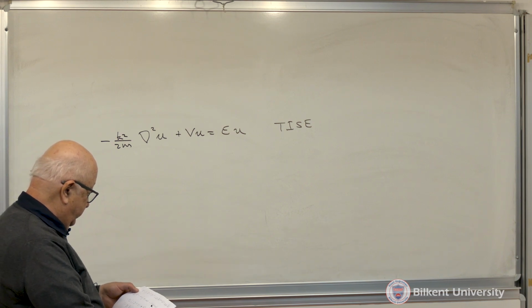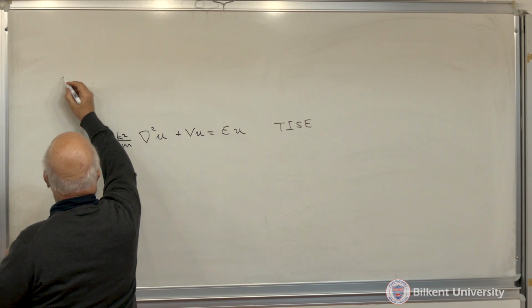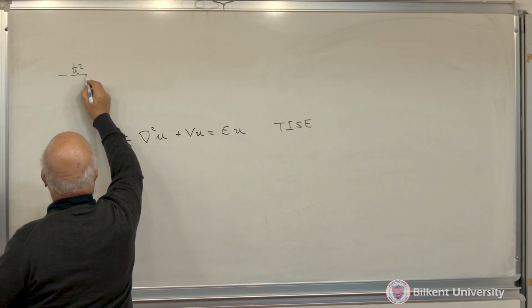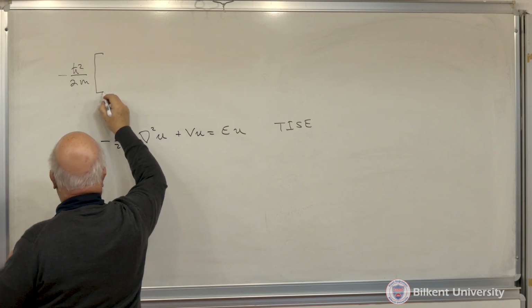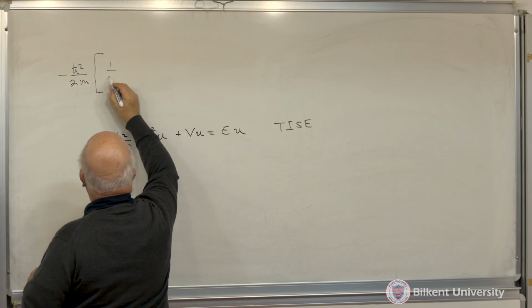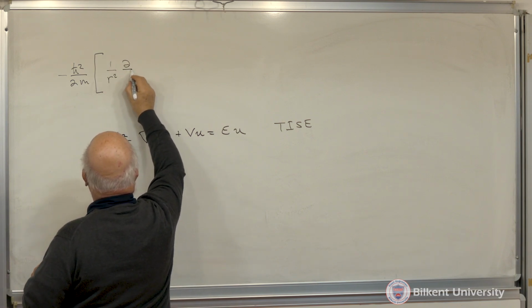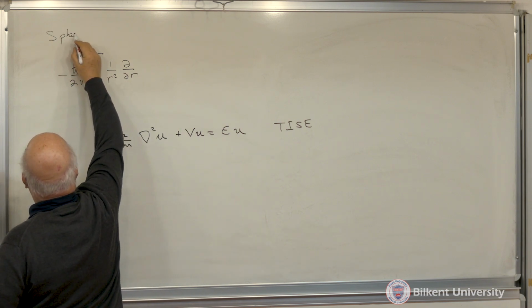All right, so I have minus h bar squared over 2m, del squared operator. And del squared operator is 1 over r squared del r. So let me put the spherical coordinates here.